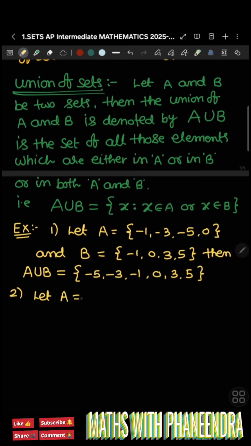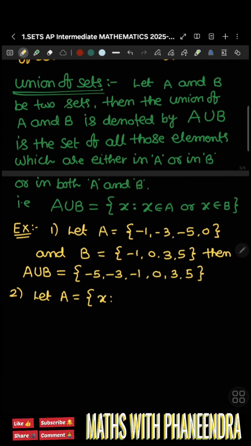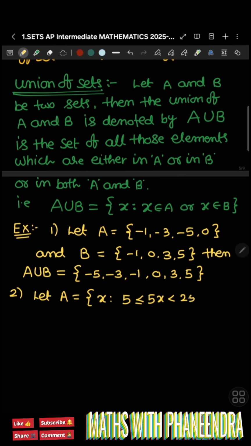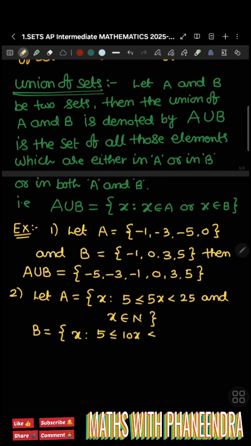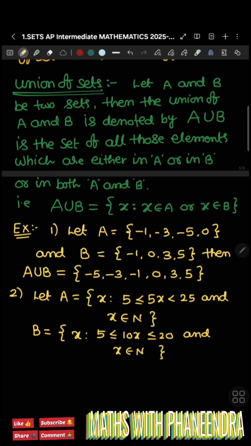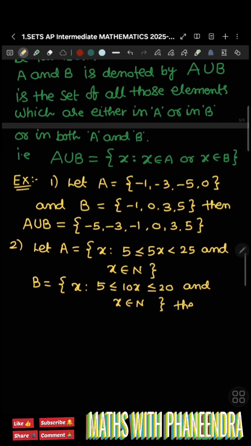Let A equal to the set of all x such that 5 is less than or equal to 5x is less than 25 and x belongs to N. This is one set, and B equal to x such that 5 is less than or equal to 10x is less than or equal to 20 and x belongs to N. Then A union B?